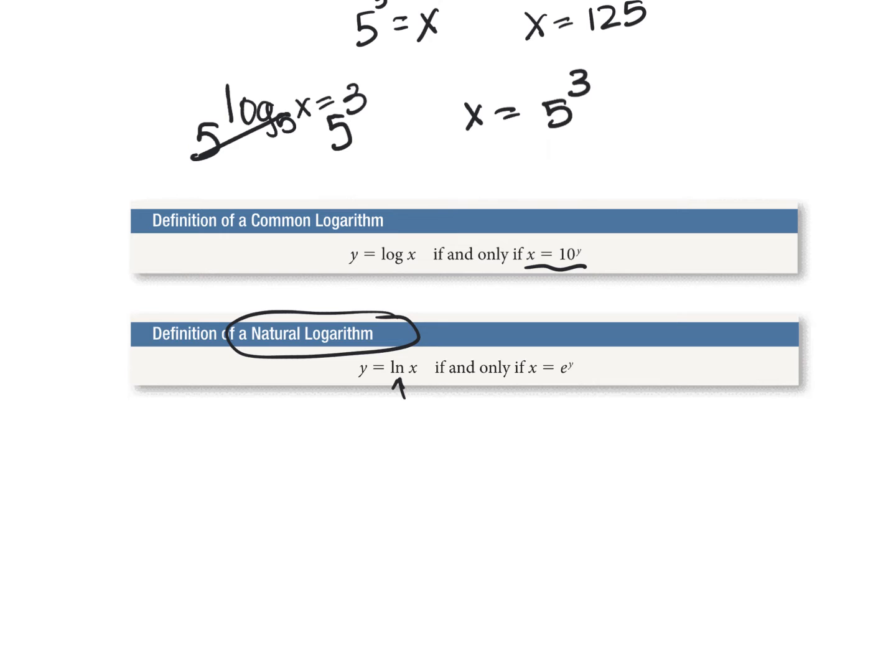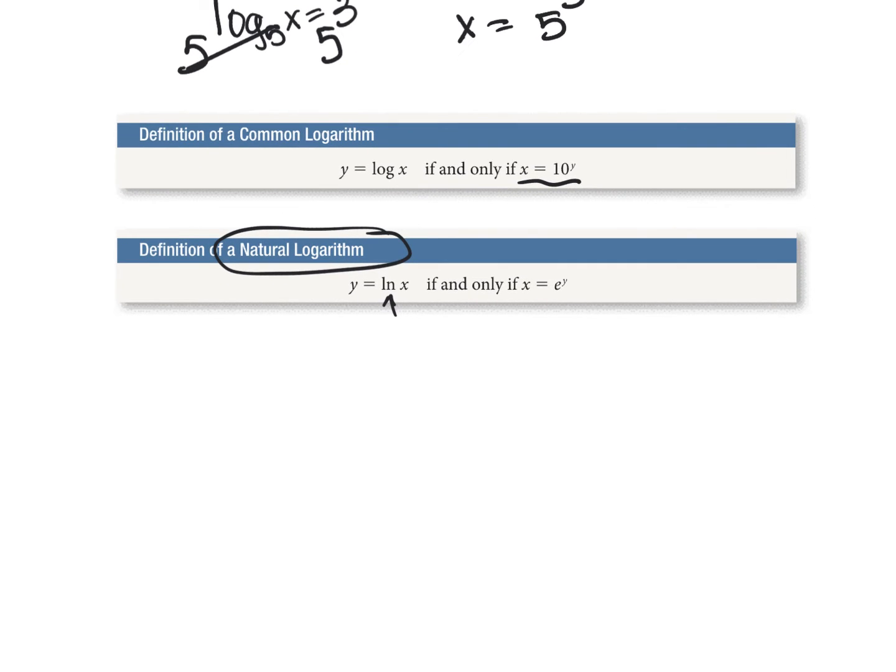Or at least it was written up, the proof originally was written in the French language. So log base e of x is the same thing as the natural log of x. We don't write log base e, we write ln of x.